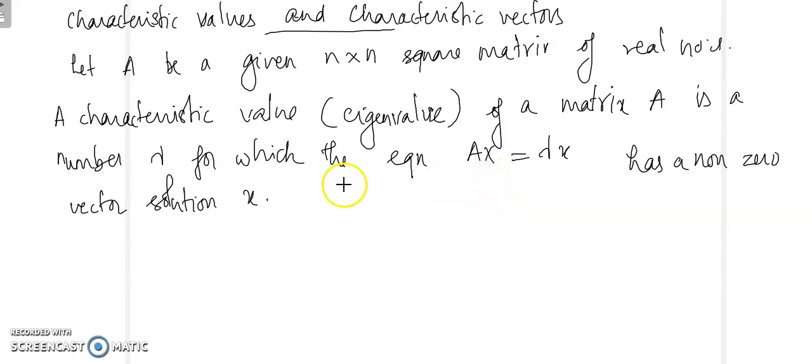So basically the meaning of eigenvalue or characteristic value for a matrix A is that it is a number lambda such that when A is multiplied with a particular vector x, that is equivalent to taking this constant multiple of x.